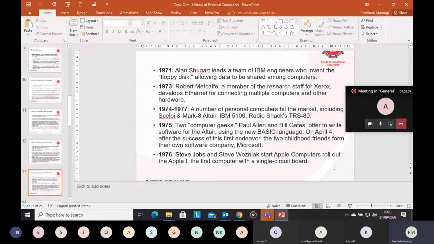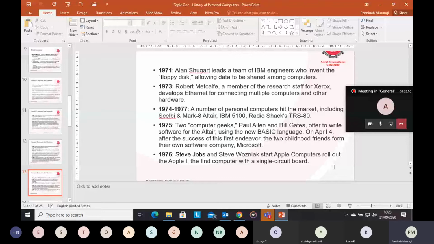And on April 4th, they succeeded in this first endeavor of writing the software for Altair, and they continued to be friends from their childhood, and they are the ones who today own the software company called Microsoft.